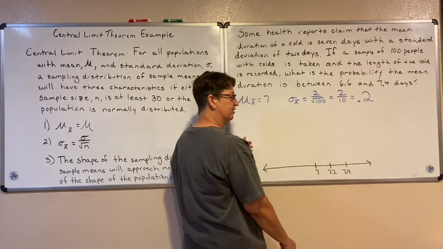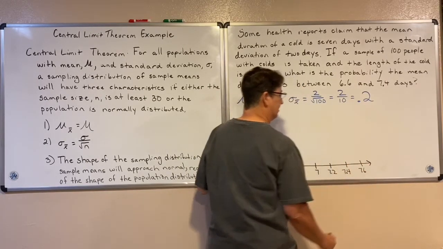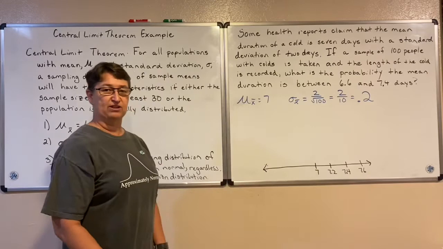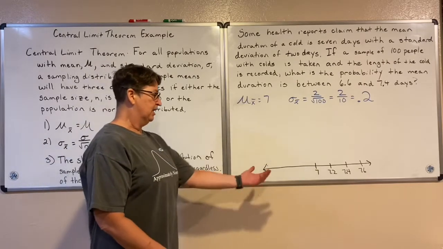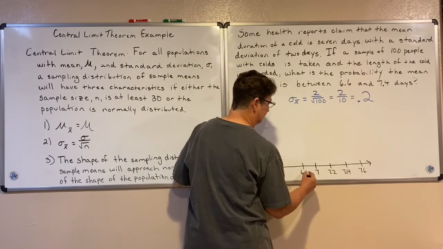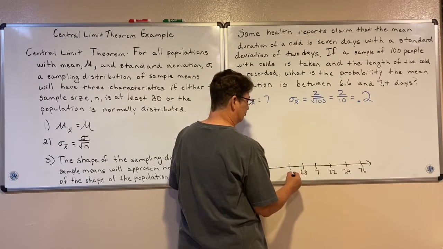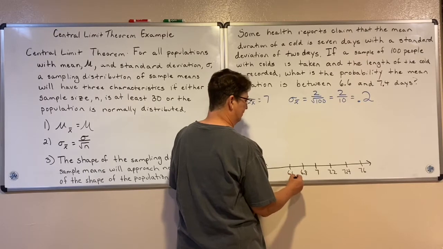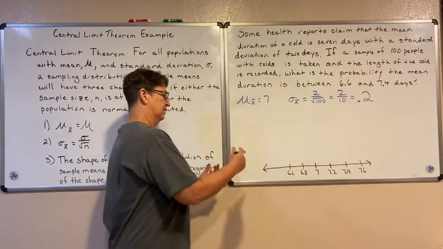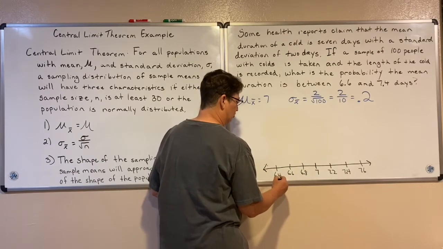That's 2 standard deviations up. One more standard deviation, and I'm up to 7 6/10. That's 3 standard deviations above the mean. If I count backwards, I'm at 6 8/10. That's 1 standard deviation below the mean. Count back 2 standard deviations below the mean, and we're at 6 6/10. And back 1 last deviation, and we're at 6 4/10.